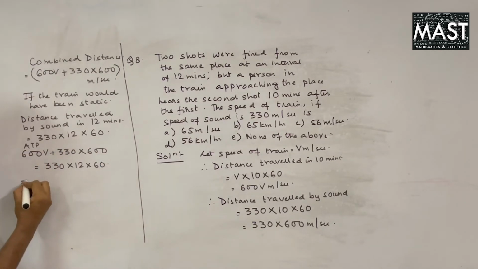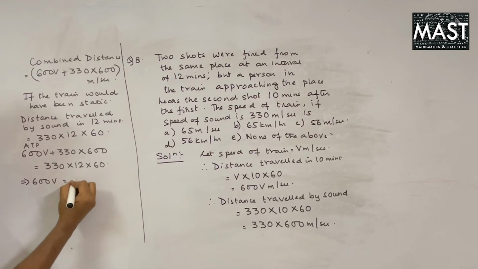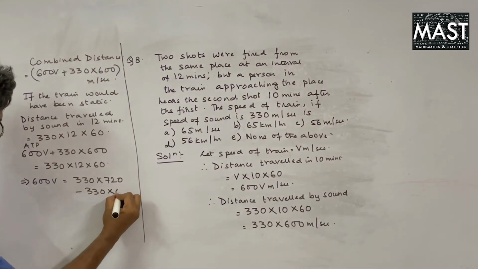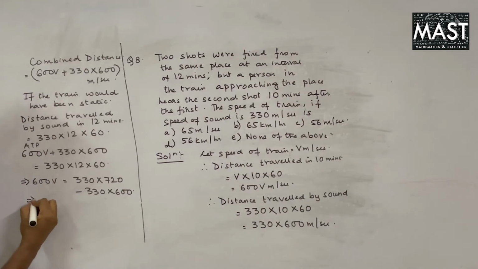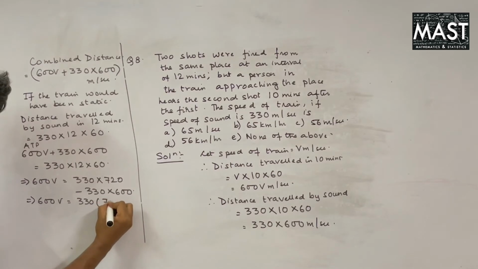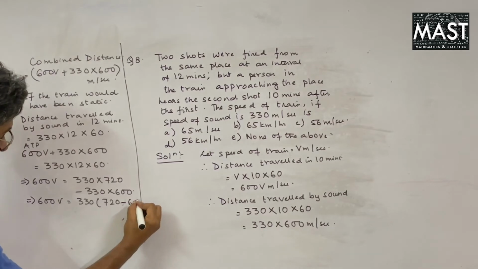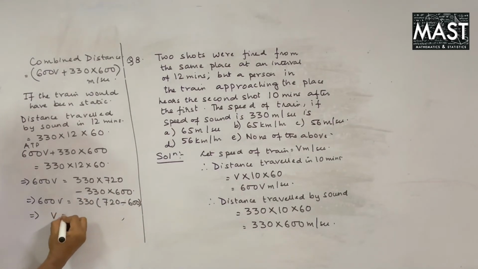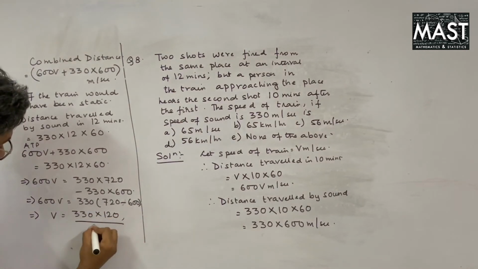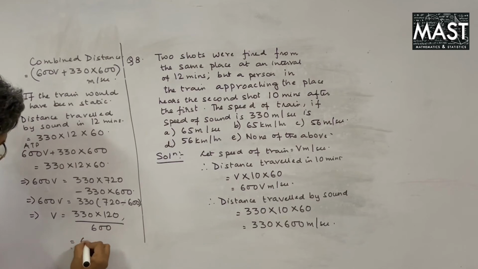So I get 600v = 330 into 720 − 330 into 600, which is 600v = 330 if I take common, (720 − 600), implies v = 330 into 120 by 600, which is 66 meters per second.